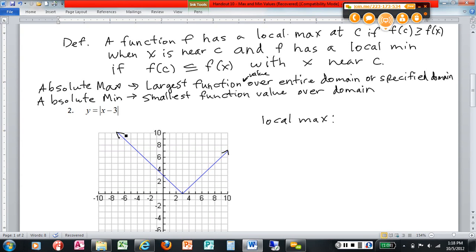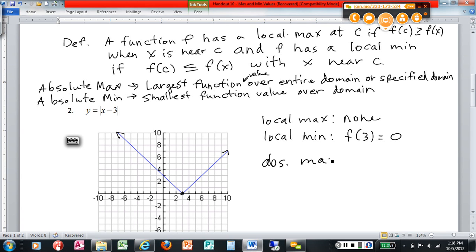Sometimes that's all you have to look for, but yeah, there's not any. Local mins, well, we got one, don't we? What local min do you see there? Right here, right? F of 3 equals 0, doesn't it? That's a local min. And then absolute max, well, there's none of that either.